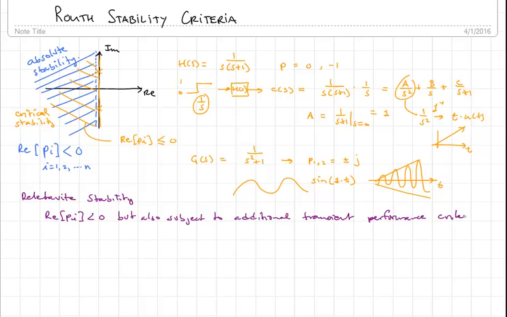So this could be where we specify the rise time or the settling time, things of that nature.